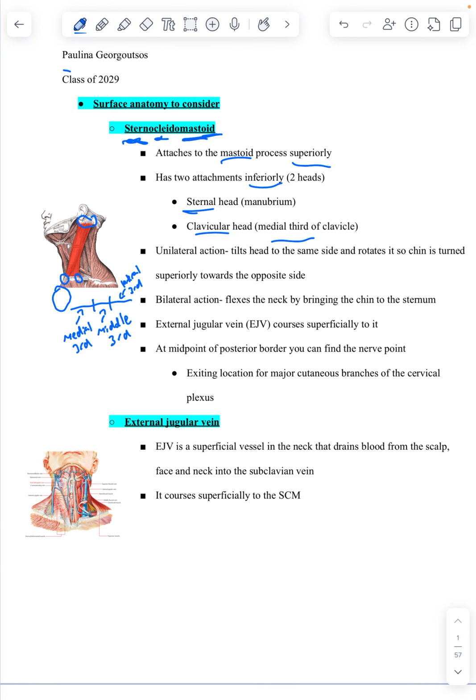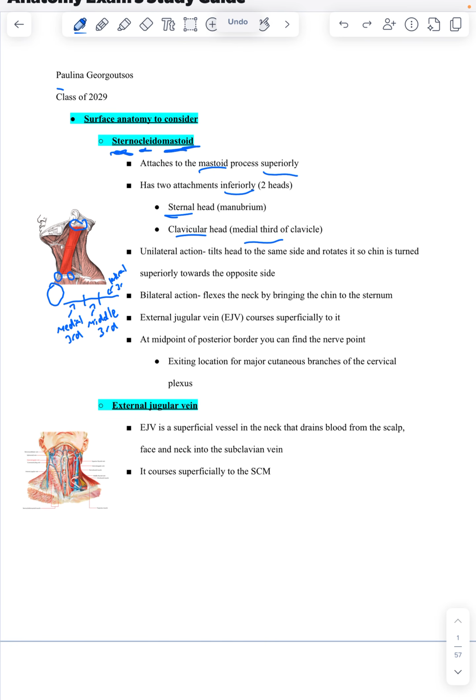So each sternocleidomastoid by itself, so the unilateral action, so this is just for the right one or the left one, will tilt the head to the same side, but rotate the chin to the opposite side. So if you have something called torticollis, which is later in the study guide, it's a muscle spasm.